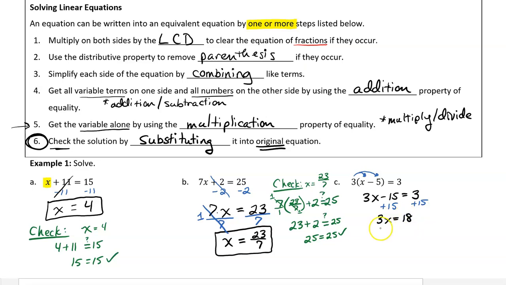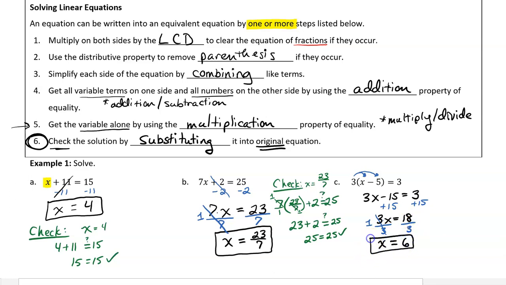Use that multiplication property of equality. This is being multiplied, 3 times the x. I want to get rid of that 3. So I just want my variable alone by itself. 3 divided by 3 becomes 1. 1 times the x is just simply x. And 18 divided by 3 is 6.